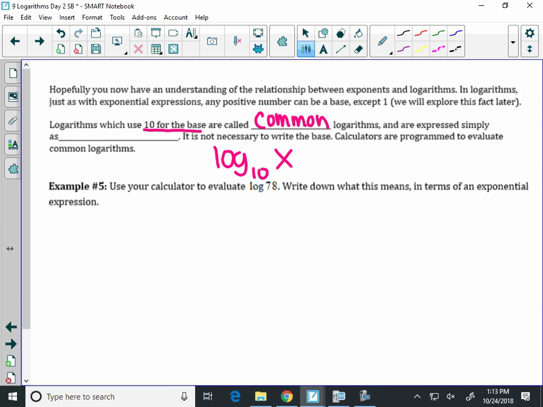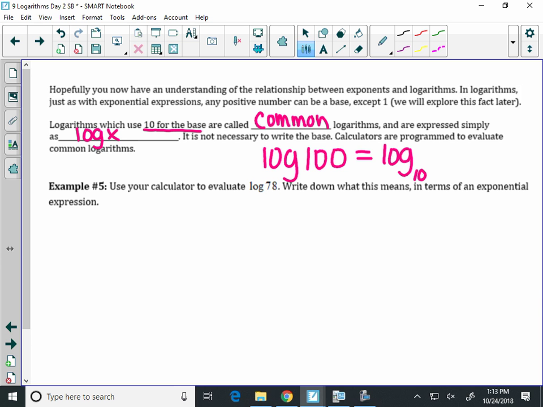Now, there's a shorthand, because it is so common, and they use it all the time. They just write this as log of x. They don't put the subscript of 10 on it. So if you ever see a problem that says log of 100, what that really means is log base 10 of 100.